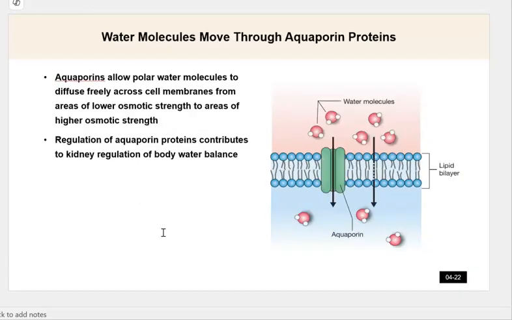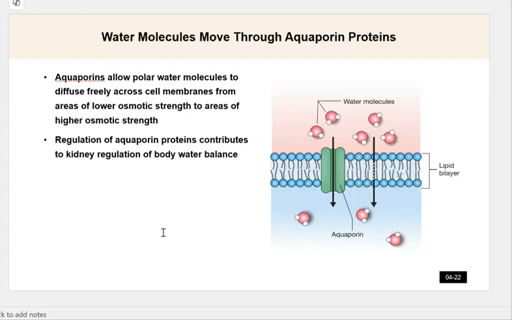Aquaporins allow the polar water molecules to diffuse freely across cell membranes from areas of low osmotic strength to areas of higher osmotic strength. And that's what we can see here in this illustration, that those water molecules are able to transport across the aquaporin proteins.